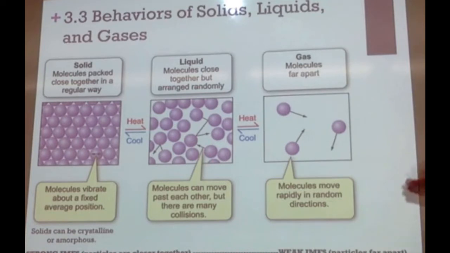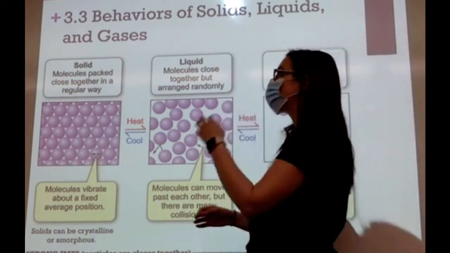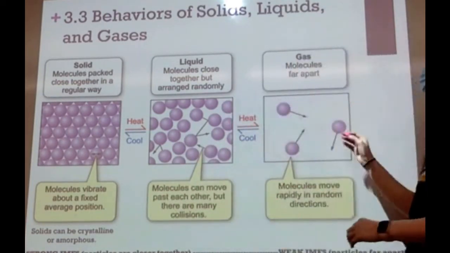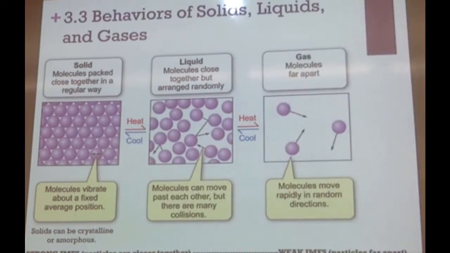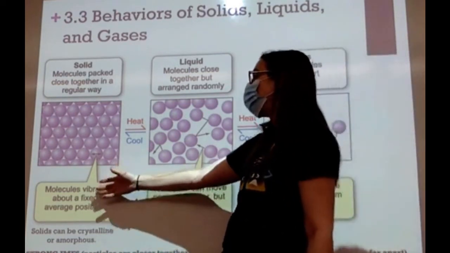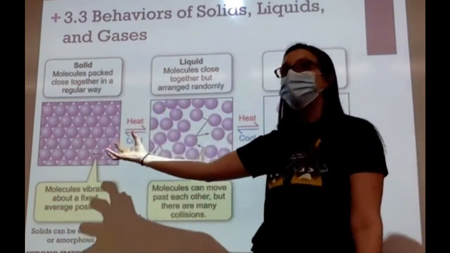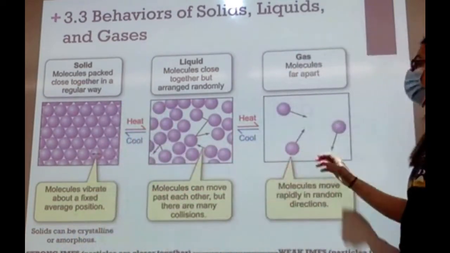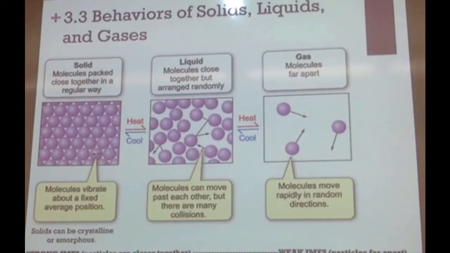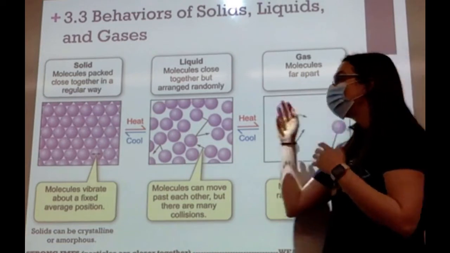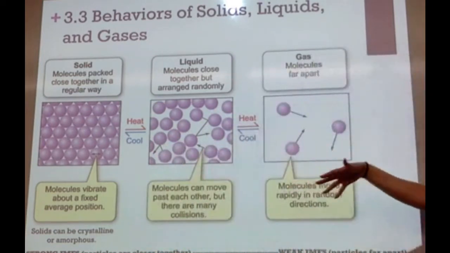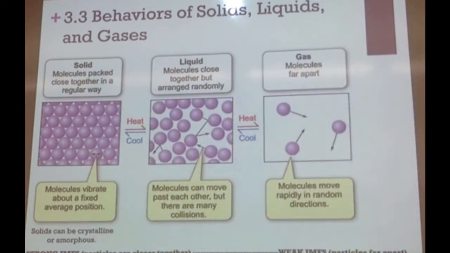So if you're comparing intermolecular forces, if one substance is a solid and one substance is a gas at room temperature, they're essentially telling you the strength of the intermolecular forces. The solid is going to have stronger intermolecular forces because the molecules are held more closely together. A gas is going to have very weak intermolecular forces because your particles are far apart. So solids will have stronger IMFs than liquids, and then gases will have the weakest.